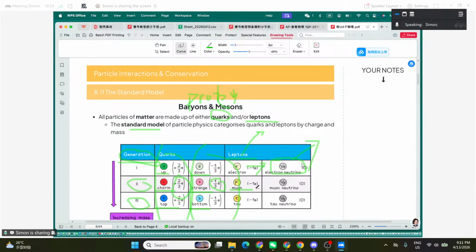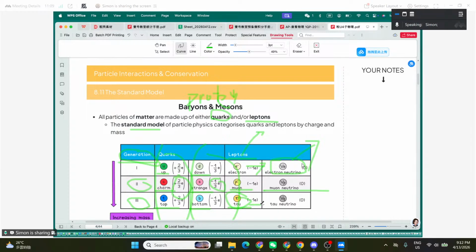If the reaction produces one muon, it will also produce the muon neutrino. In generation three, we have the tau, which is also similar to the electron and the muon, because it holds a charge of -1.